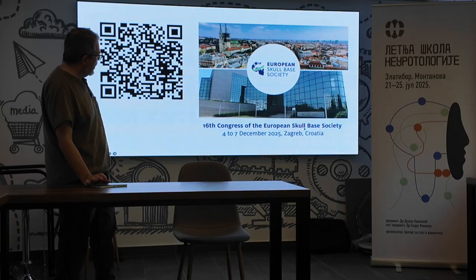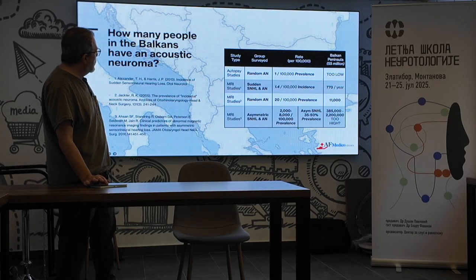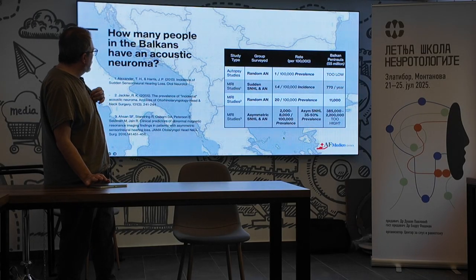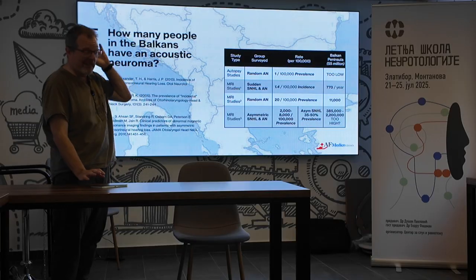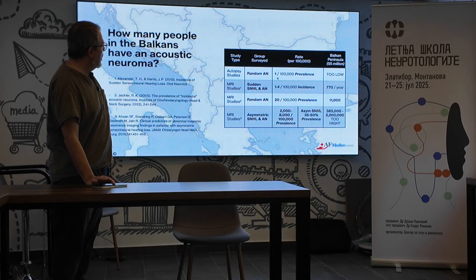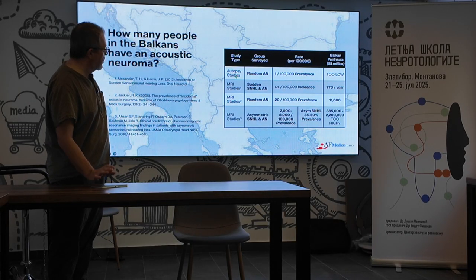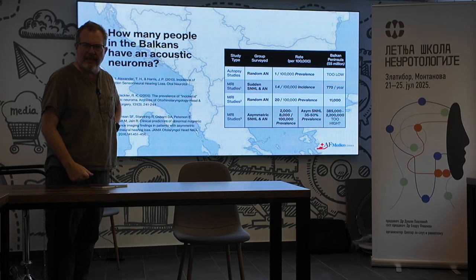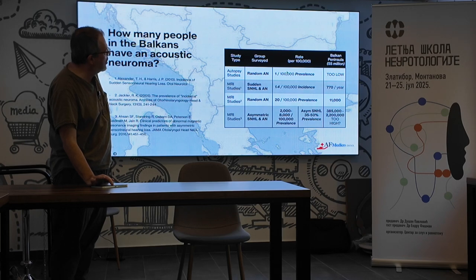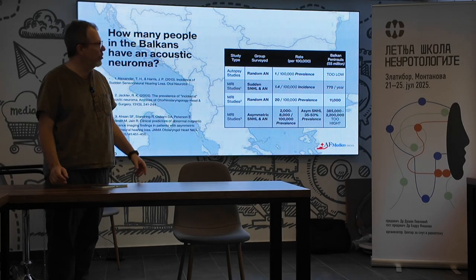So again, I told you about this. Let's look quickly at how many people in the Balkans we think have an acoustic neuroma. How common really is it? Well, autopsy studies, which was the first group of studies going back for many decades, estimated that 1 in 100,000 have an acoustic neuroma.